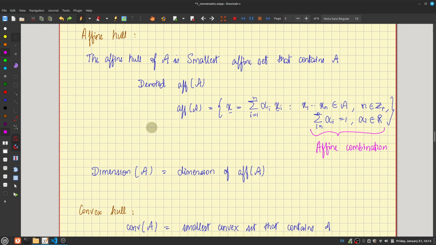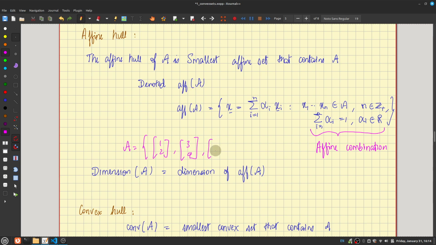If I take A to be, let's say, 1, 2 and 3, 4, then the affine hull is just the entire straight line that passes through these 2 points. If I take a single point, then what is the affine hull? Just the point itself.